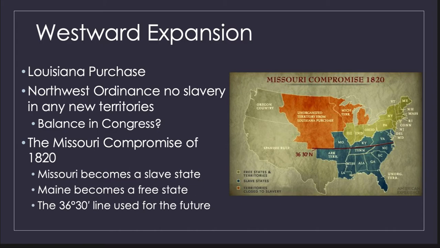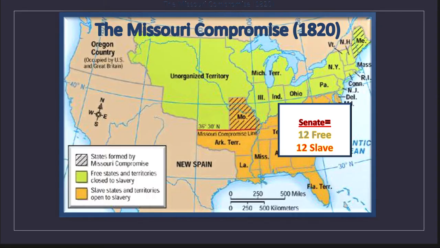Which means that we have the potential for more states to be added above the line than below, which would clearly upset the balance between the free and the slave states. So this is only a band-aid for a bullet hole that is the issue of slavery, the status of slave and free states. But the Missouri Compromise is the first time we see this happen.